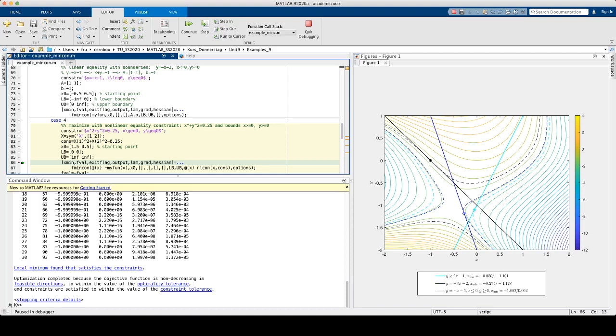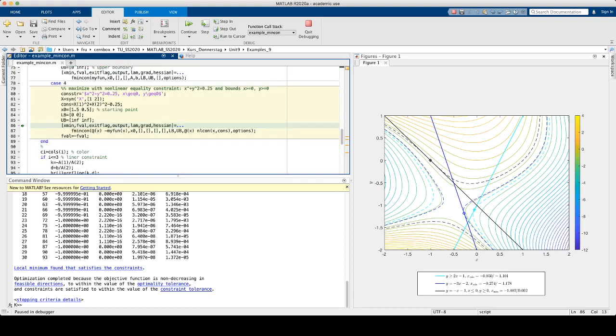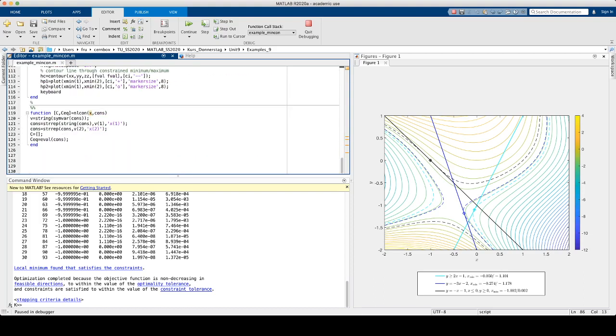Its arguments are the position x, so x and y, and the constraint, which is a function handle. Now, what does this function look like? The function has, as you can see, two input arguments, x, the position and the constraint, and it has two output arguments, which are called c and c_ec.